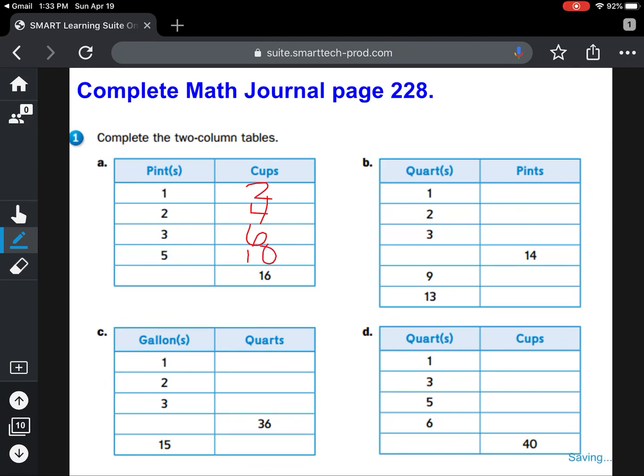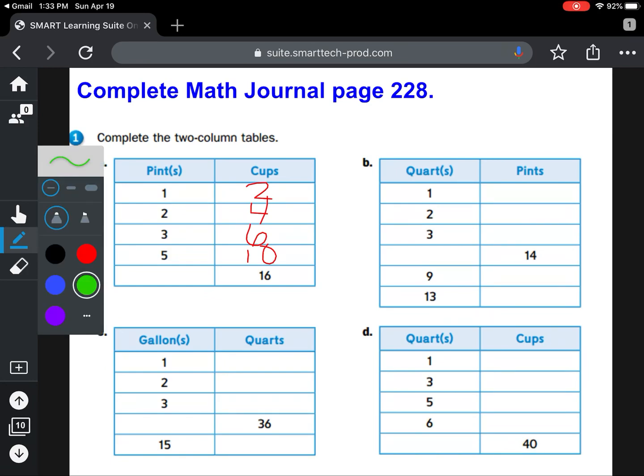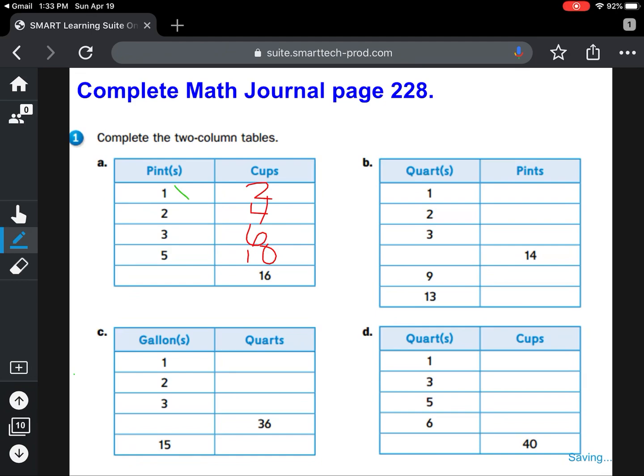And then they do it kind of backwards for the very last row. How many pints are equal to 16 cups? Well, I don't know that just by looking at the scale or looking at the G chart, but I do know that if I take my number of pints and multiply it by 2, I get the equal number of cups.